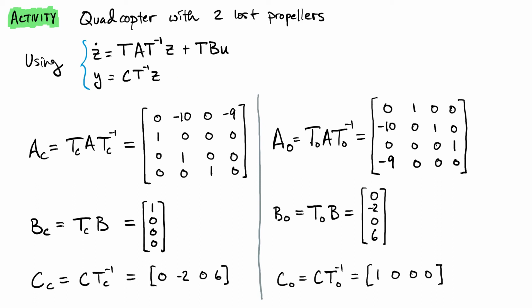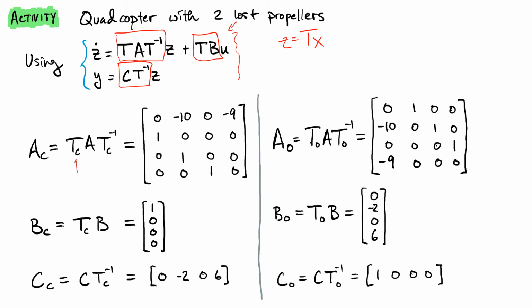All right, so these are the general equations of a new state variable z under a transformation where z is equal to T times x. We derived these in previous classes. So our new A matrix is going to be T A T inverse. Our new B matrix is T B, and our new C matrix is C T inverse. Obviously you're going to need to have both T and T inverse for the controllable canonical form transformation matrix and the observer canonical form transformation matrix.